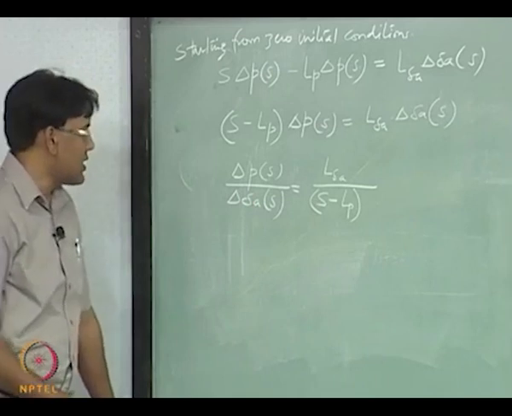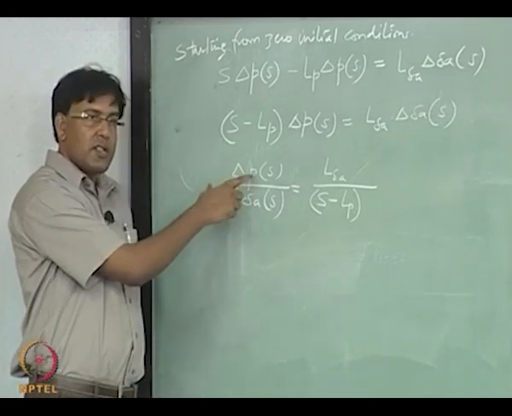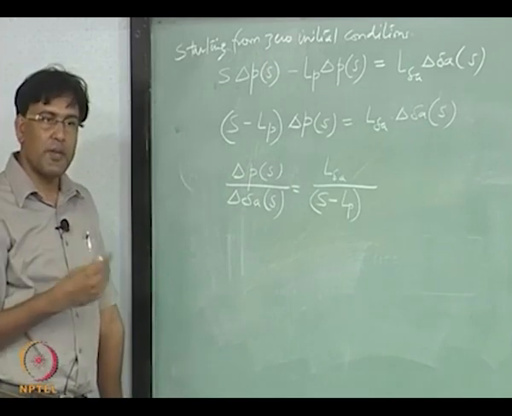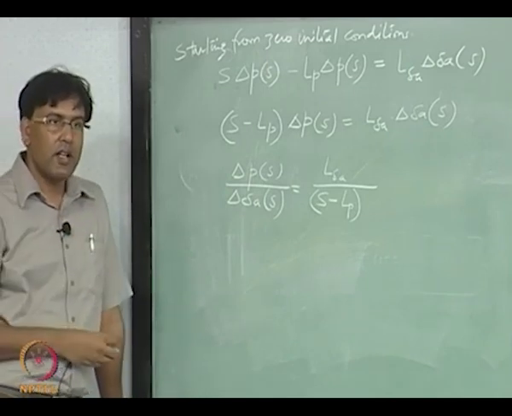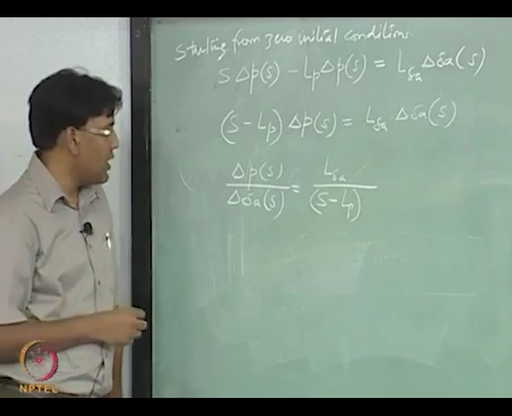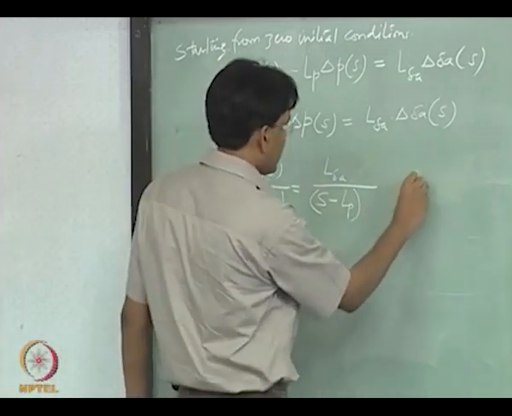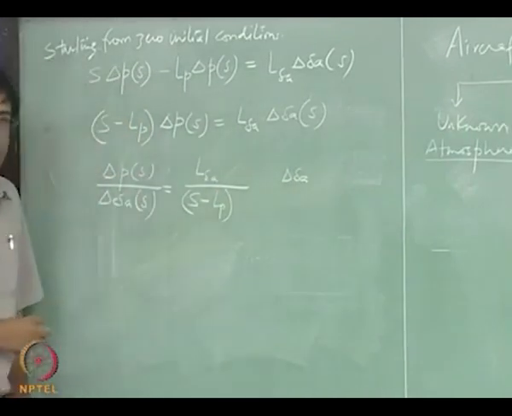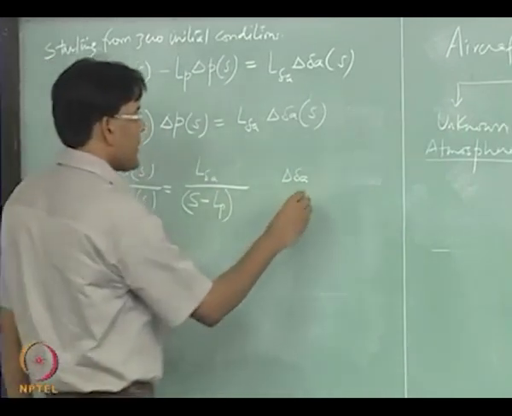What I want to know is the response with respect to aileron input. What kind of input? We can take any input, any form. Let us assume that this delta a is a step input, okay.